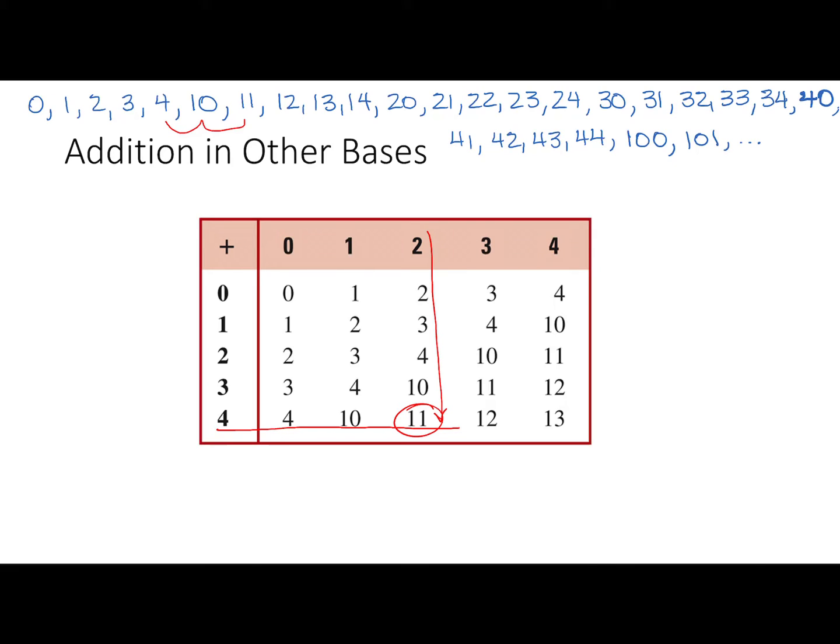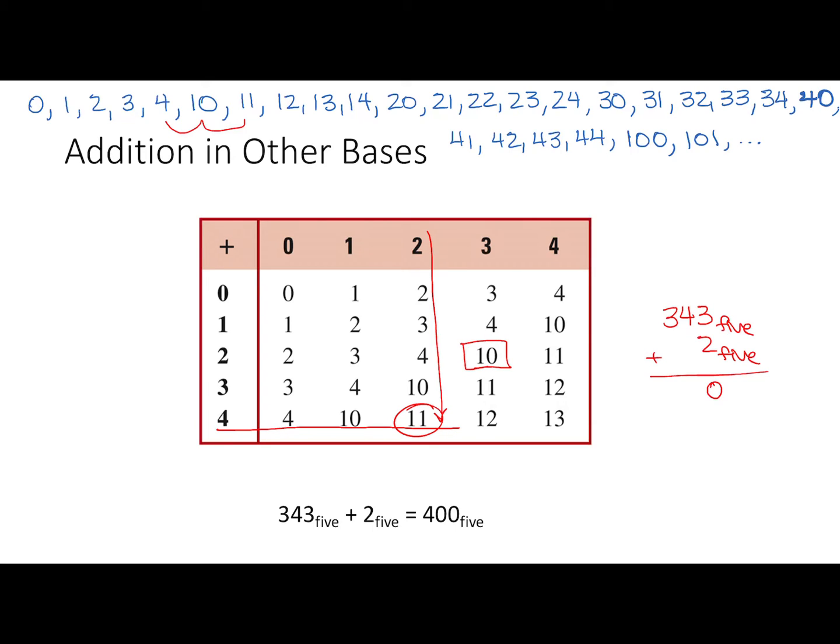All right, so let's look at some more complicated examples. Here we've got 3, 4, 3 base 5 plus 2 base 5. Okay, so you could use the table to help you figure this out. If I add 3 plus 2 in base 5, that's going to give me 1, 0.